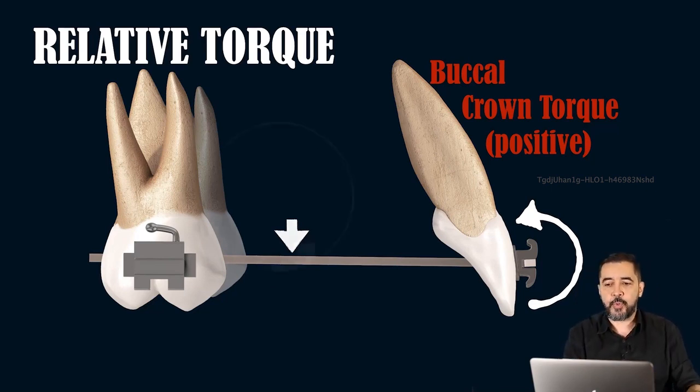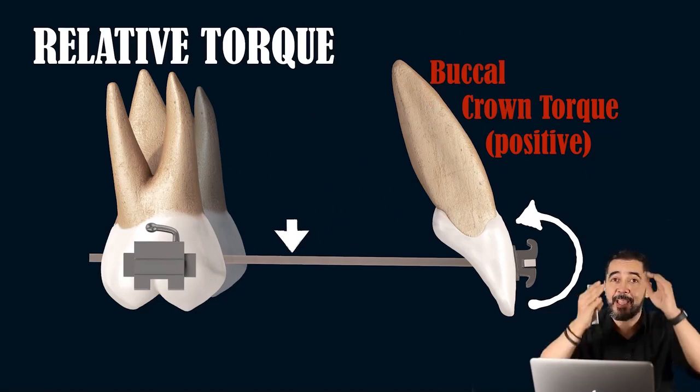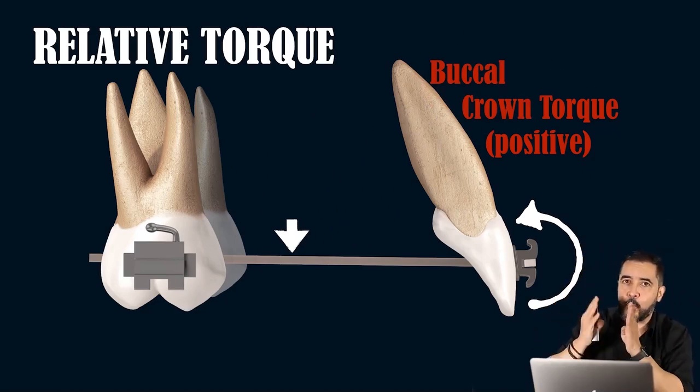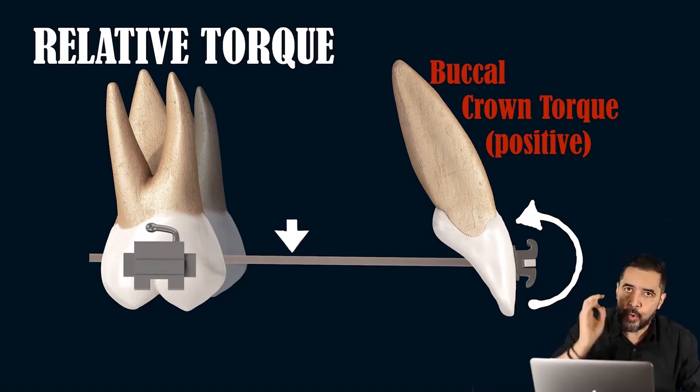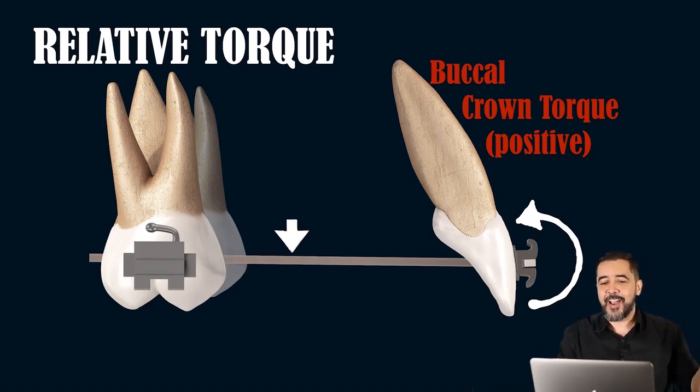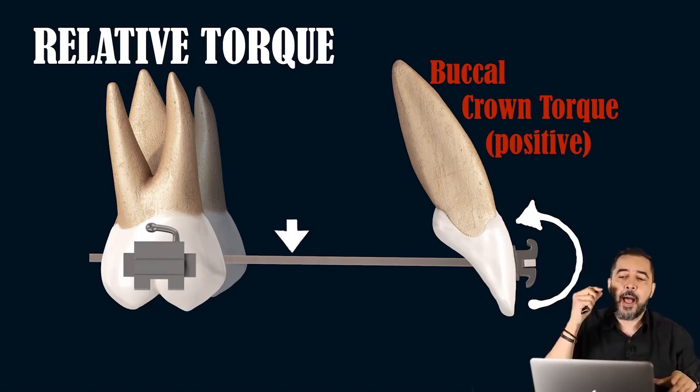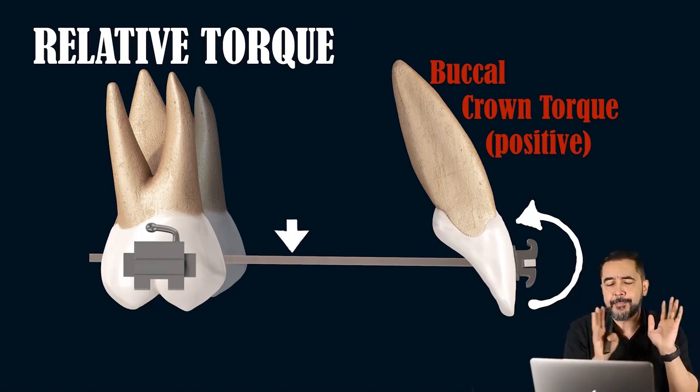I'm referring to crown just in order to intensify this concept. I'm just speaking about crown, okay? If I have to do otherwise, if I have to refer to the root, I'm going to tell you a buccal root torque, but it's not common for me to refer to root torque, okay?